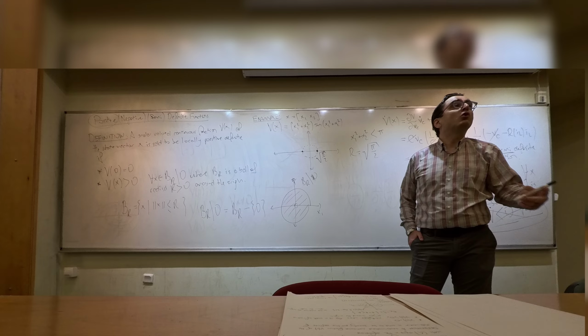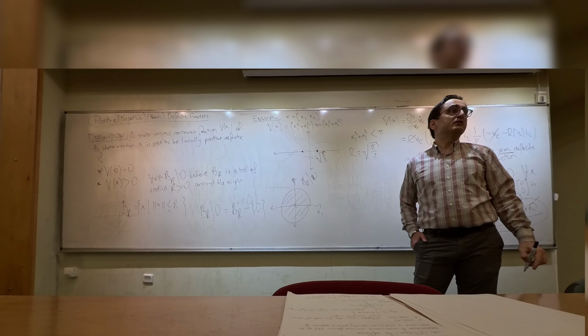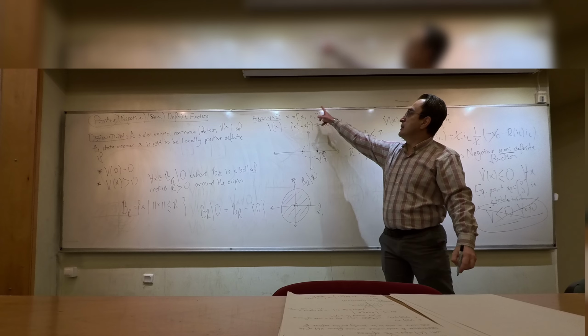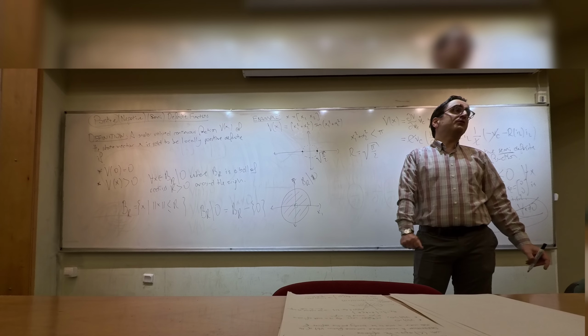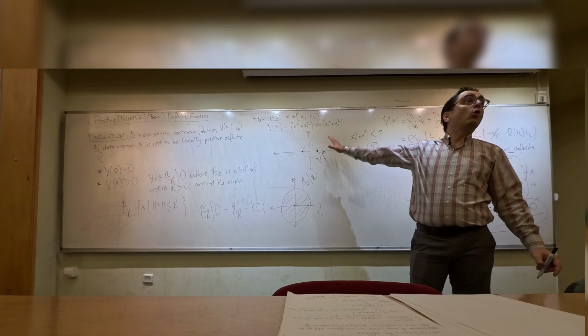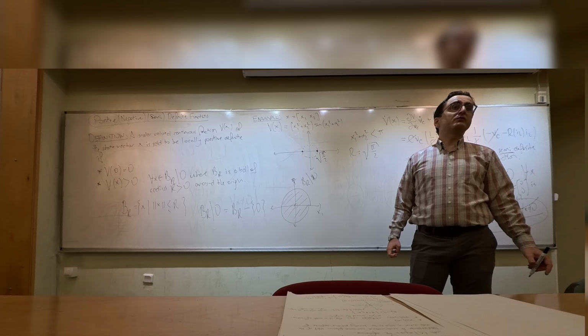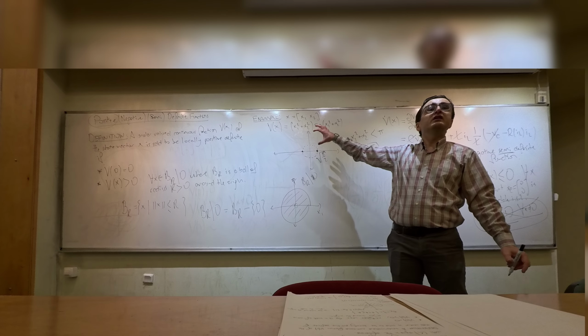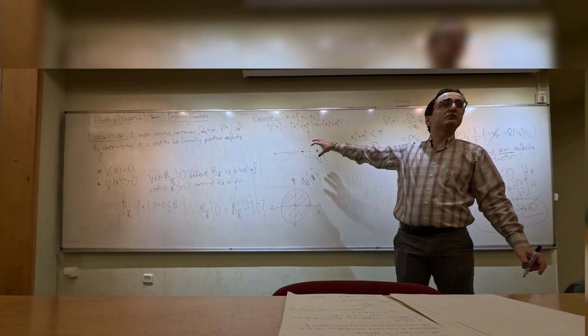It is going to be positive everywhere other than the origin. That is why we can call such a function a locally positive definite function. In a small ball around the origin, it is locally positive definite.